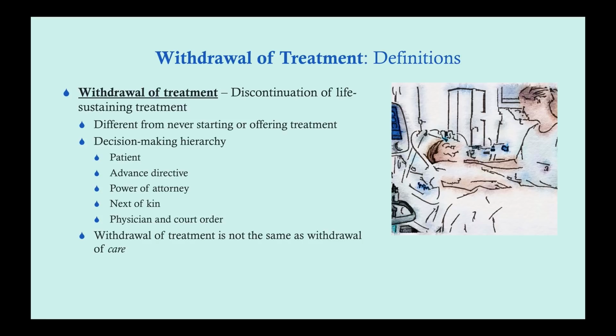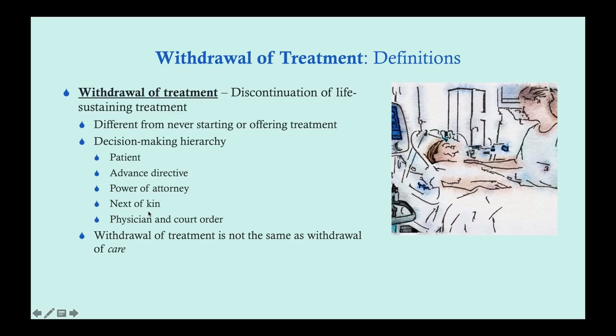And the power of attorney really speaks with the voice of the patient if the patient is not capacitated and the advance directive doesn't address the particular question at hand. Then it goes to next of kin. So often it goes to next of kin when a power of attorney is not listed. The next of kin will always be the spouse first, and then it goes to children after that, and then to parents. So next of kin is important.